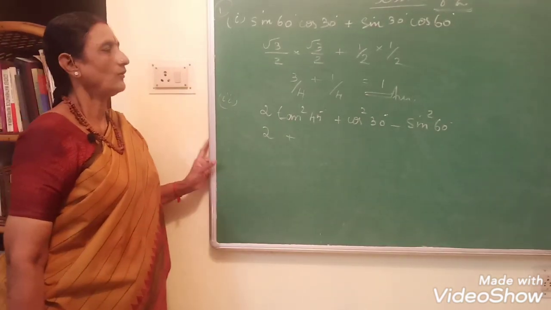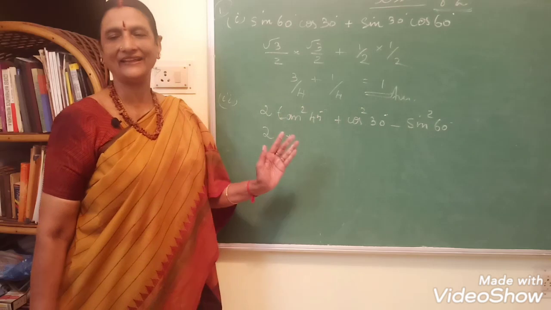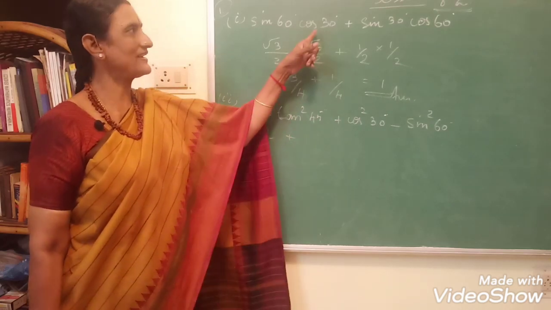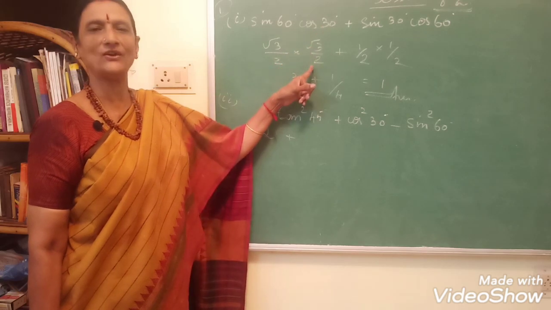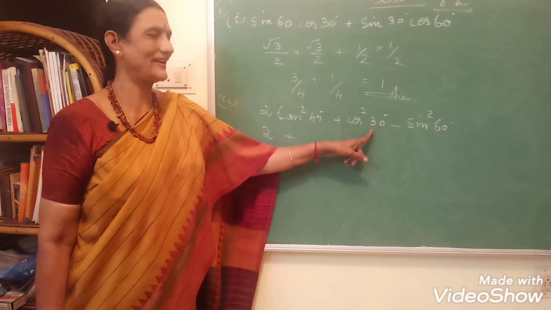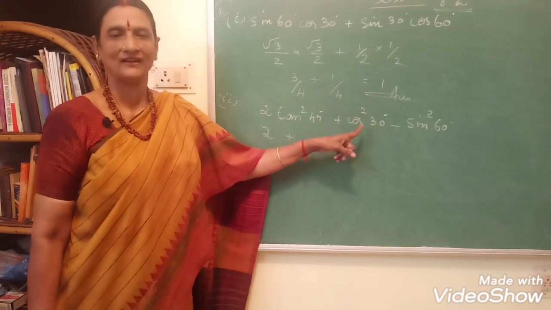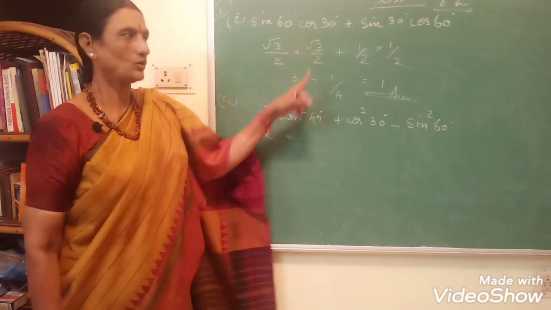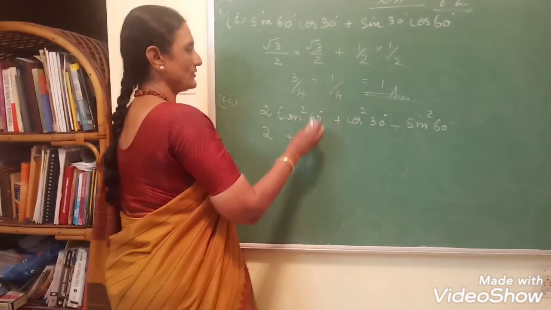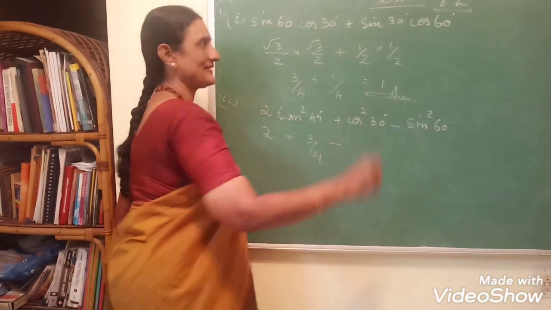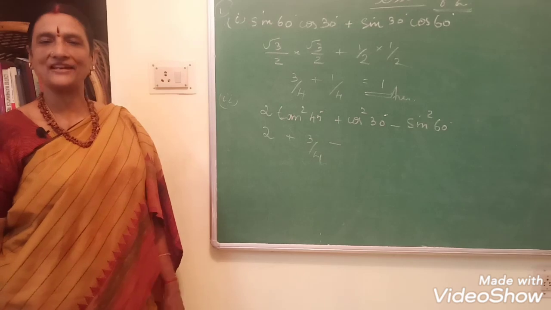Understood? Now what is cos square 30? What is cos 30 value? Even for the previous sum we applied cos 30 value as root 3 by 2. On squaring, what will you get? You will get 3 by 4. Understood? So you will get cos square 30 as root 3 by 2 into root 3 by 2, obviously 3 by 4, minus sin square 60.